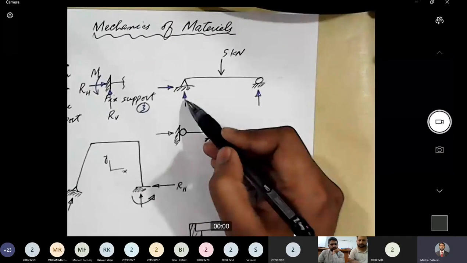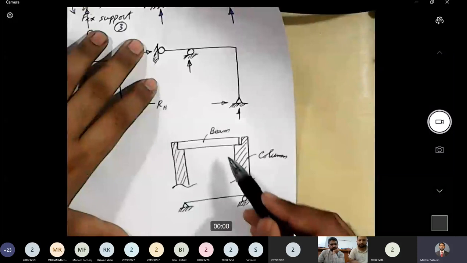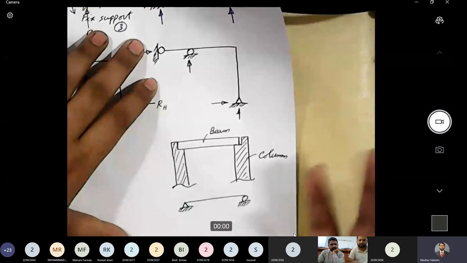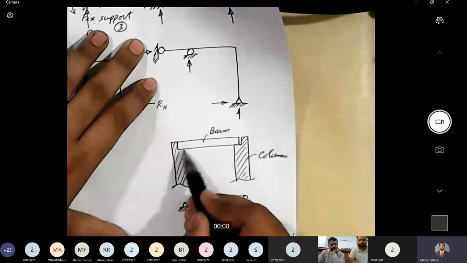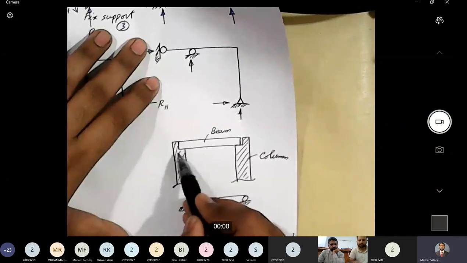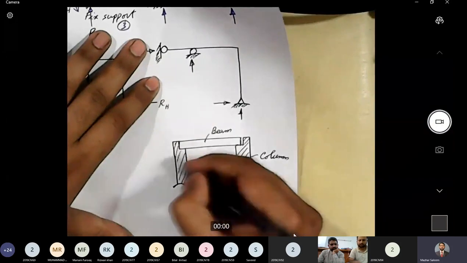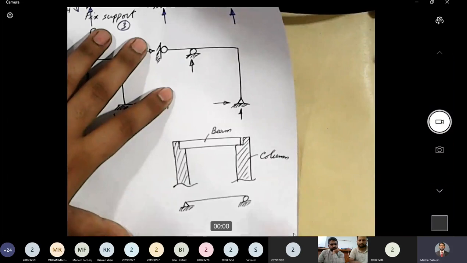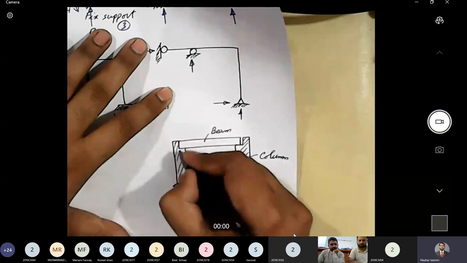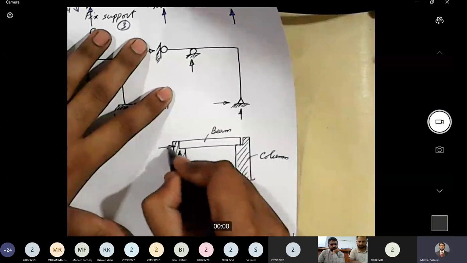This diagram shows how these supports are provided practically in real structures. For a hinge support, we provide a horizontal supporting surface and a vertical supporting surface, so that one reaction is generated here and one reaction is generated here.